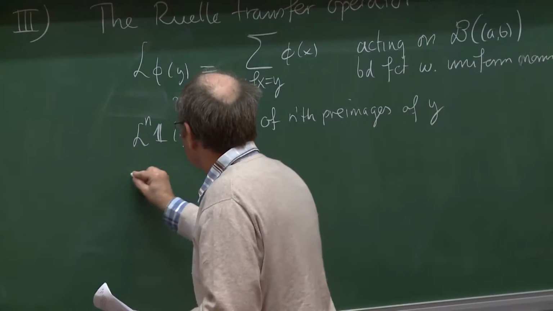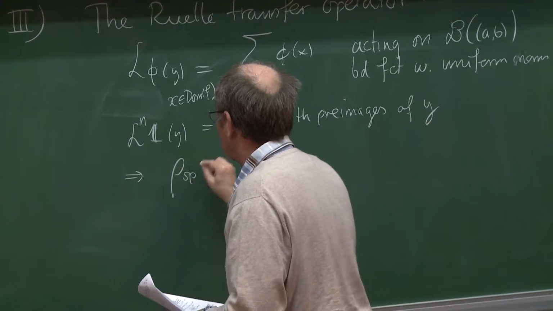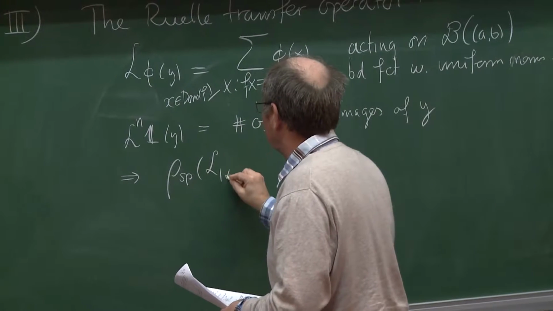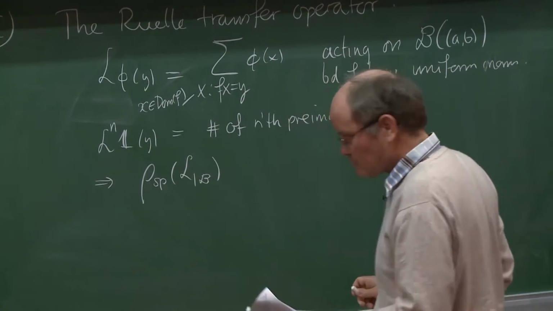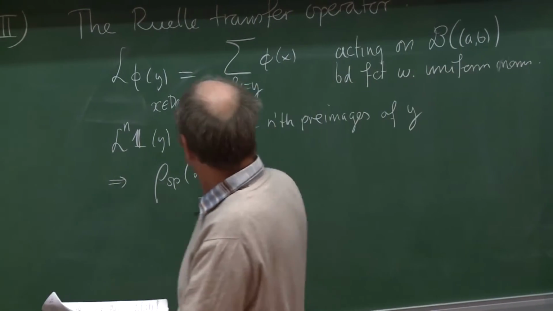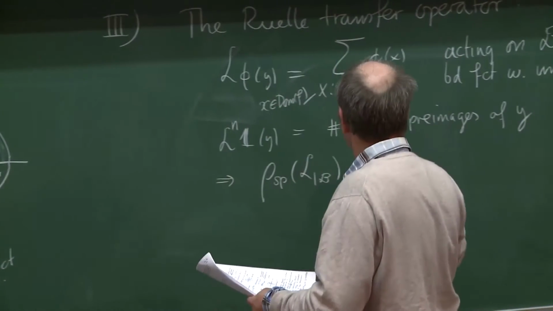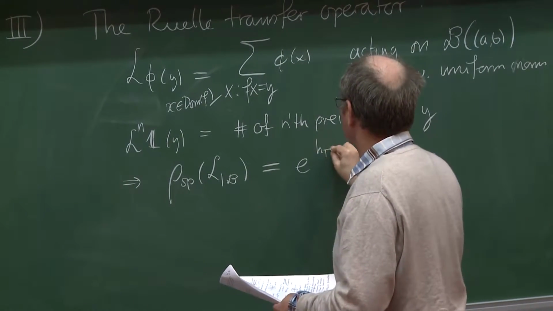And it's not so surprising to see that if you look at the spectral radius of this operator acting on bounded functions, it will grow in the same way as the topological entropy, like the Zn. So this will simply be e to the h top.